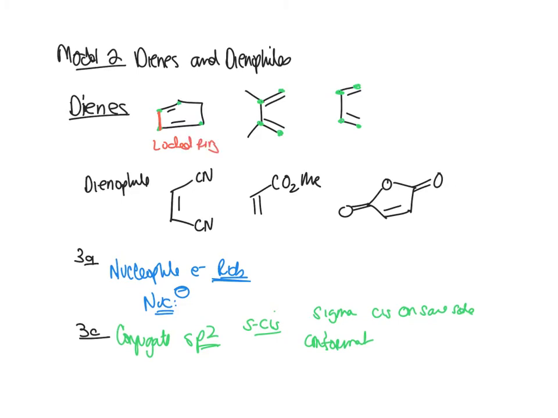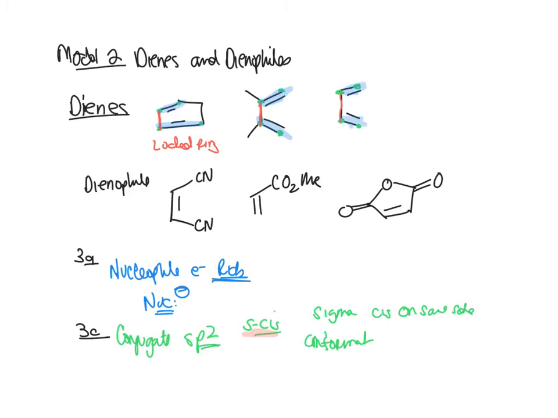And so you see that your double bond here is on the same side of that sigma bond. So here you have a sigma bond, and your diene is on the same side. Here, same thing.